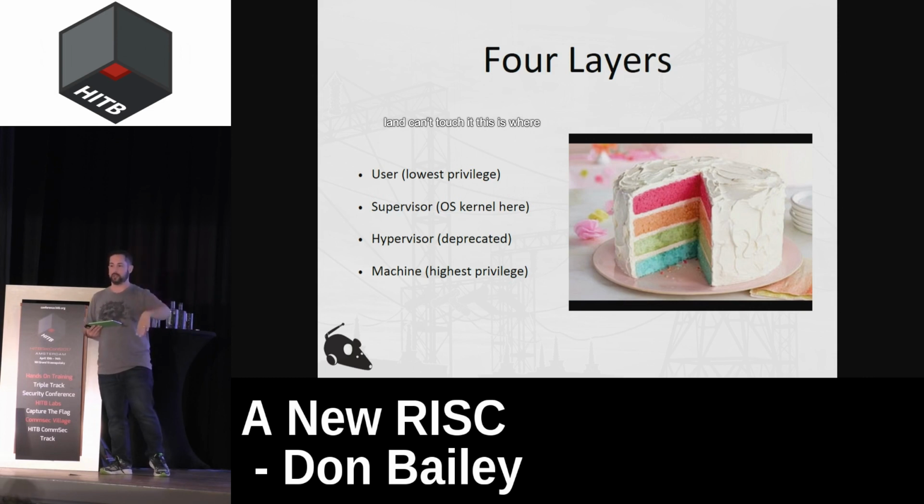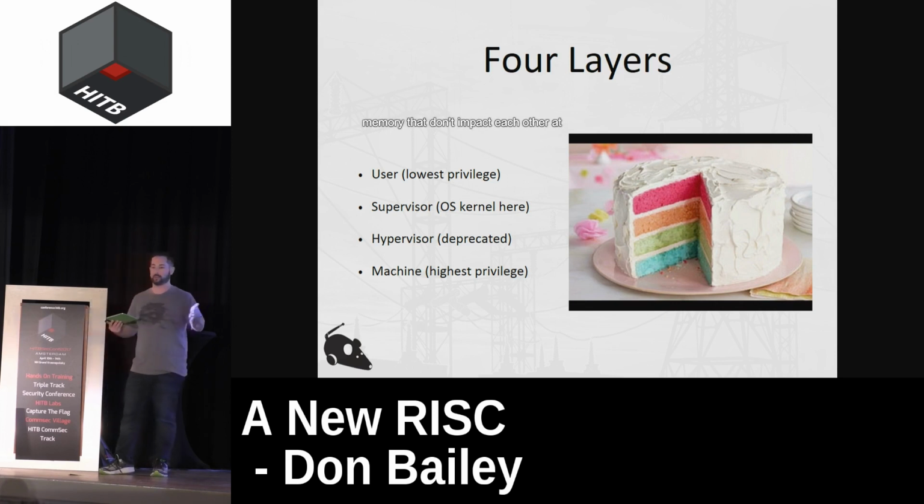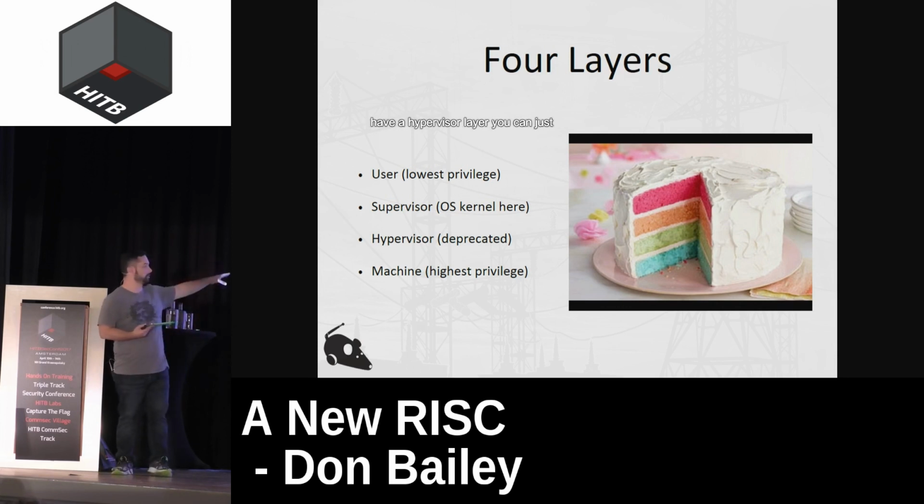User land can't touch it. This is where hypervisors really should live, so that you can have multiple supervisors running in different areas of physical memory that don't impact each other at all, right? So there's really no reason to have a hypervisor layer. You can just have the machine layer, highest level of privilege, basically doling out different privileges and peripherals to whatever operating system kernel is running, right?